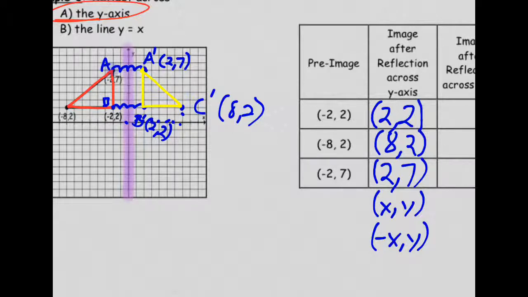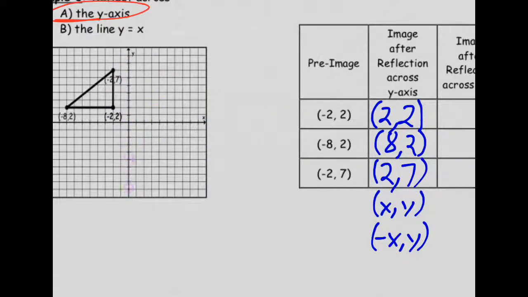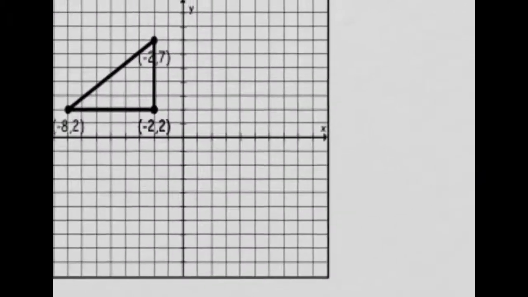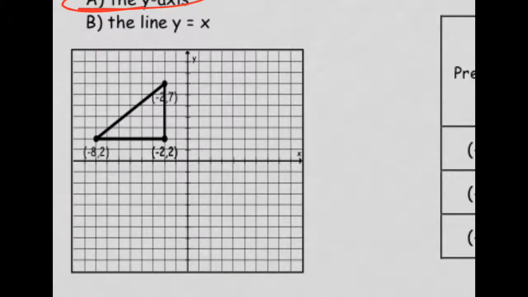So that was across the y-axis, but what about across a diagonal? We're going to reflect this triangle across a diagonal. And the diagonal is the line y equals x.